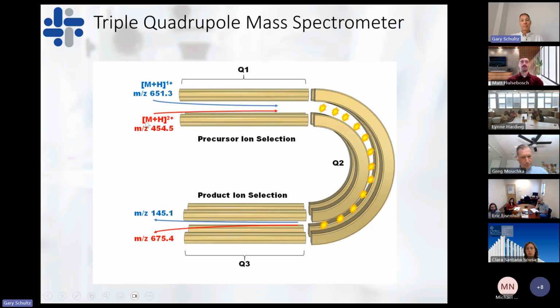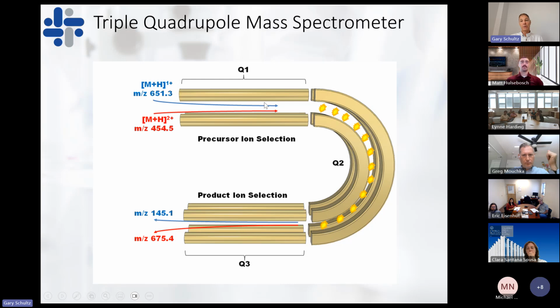If you have a molecule that can attach two protons, then you will end up with a mass to charge of 454.5. What we can then do is select just these two ions out of all the ions entering the mass spectrometer, fragment those two ions, and then measure specific targeted product ions for these two species. That's essentially how a triple quadrupole works.